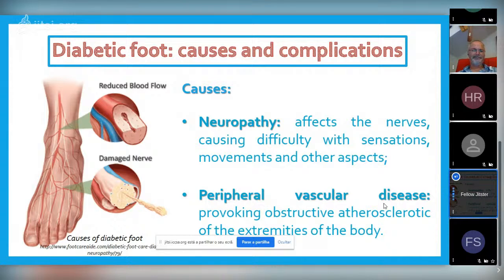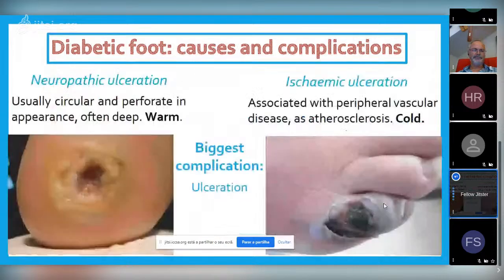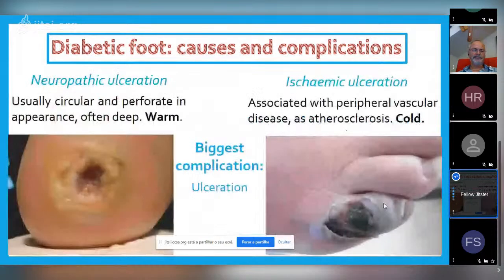From these 2 diseases, the main complication that appears is ulceration. With neuropathic ulceration, or when it is about to occur, the temperature rises, and if you have or are going to have ischemic ulceration, the temperature of that part of the body decreases.